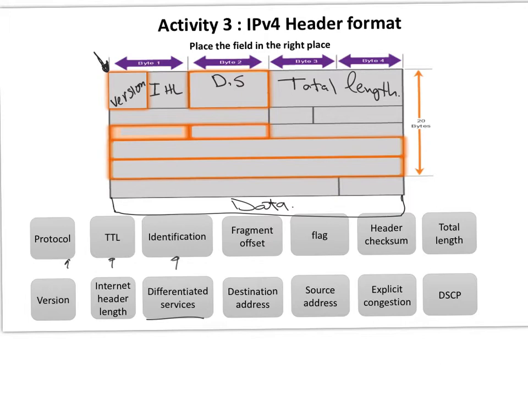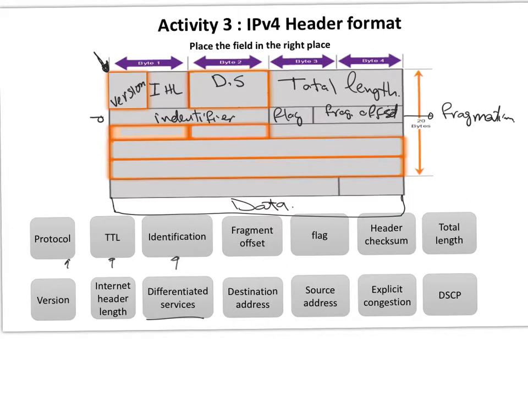Then the second row is actually used for a very important functionality, which is fragmentation. We hinted about fragmentation last time, if you remember. So the first thing is the identifier, or identification, and then the flag, and then the fragment offset.